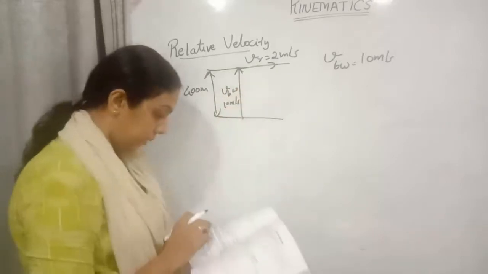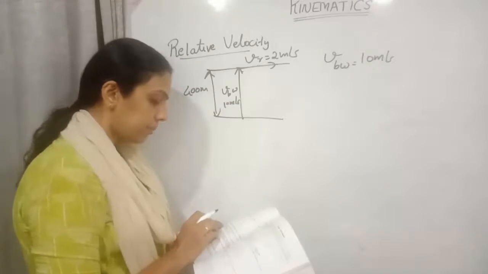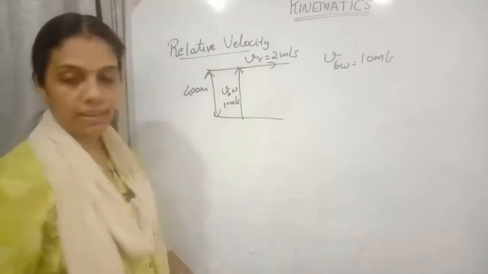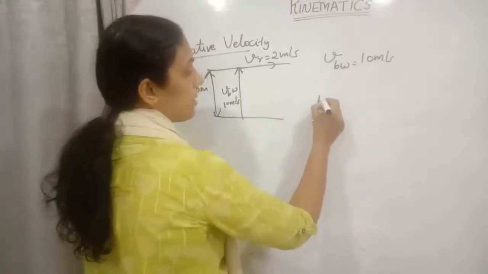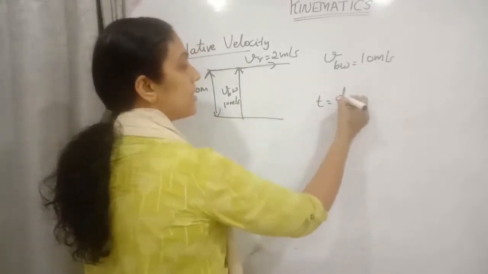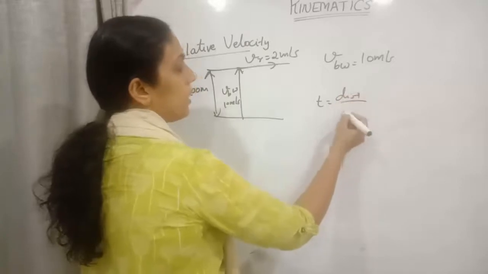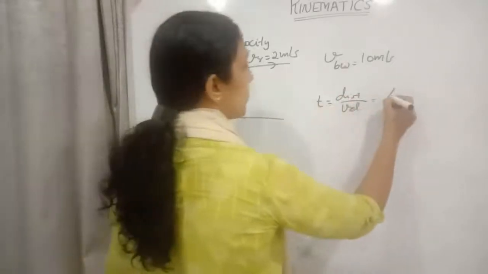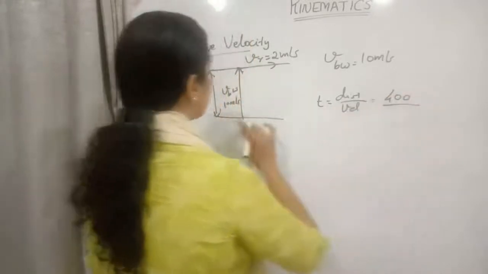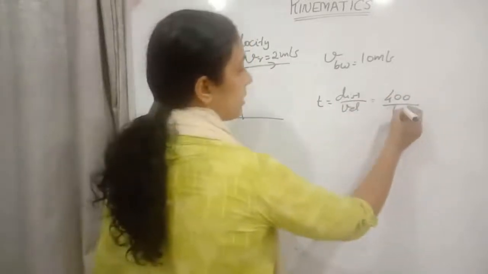Okay. Now find the time taken by the boat to reach the opposite bank. So what is the time taken by the boat to reach the opposite side? Time equals distance traveled divided by velocity. Okay, what is the distance traveled? That is 400 divided by velocity, which is 10 meter per second.